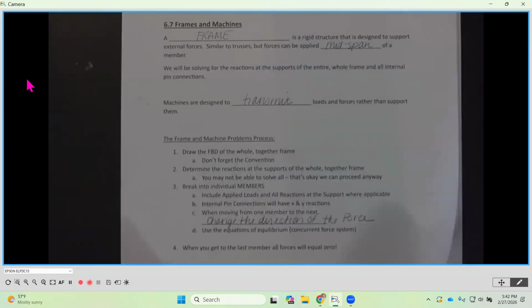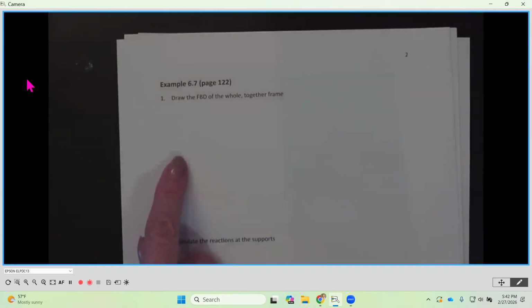Okay, so let's take a peek at our first example. Our first example problem is going to be on page 122 in that handout. So I am going to get to that page and I'll pull it up underneath our camera here.